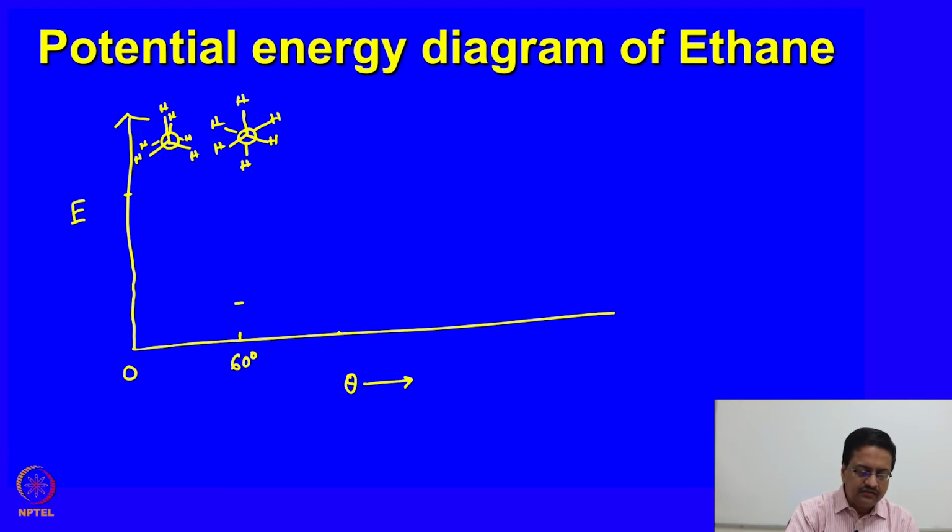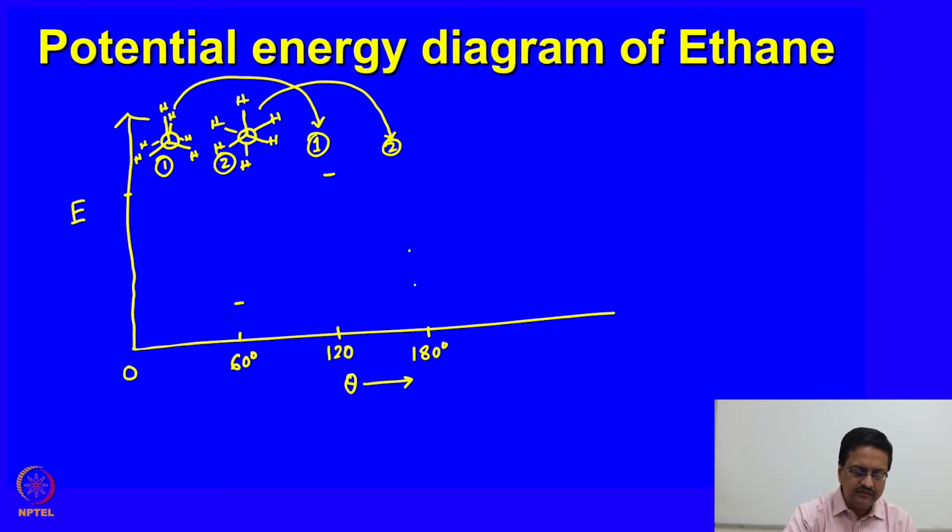If you rotate the molecule by another 60 degrees and go to 120 degrees, what we would get is something very similar to 1. So, the energy will be somewhere here. If you rotate the back carbon by another 60 degrees and go to 180 degrees, what we would get is very similar to number 2. And the corresponding energy will be the same as number 2.